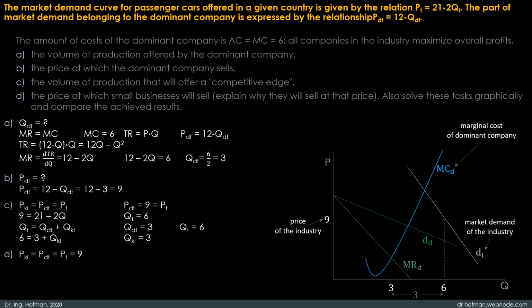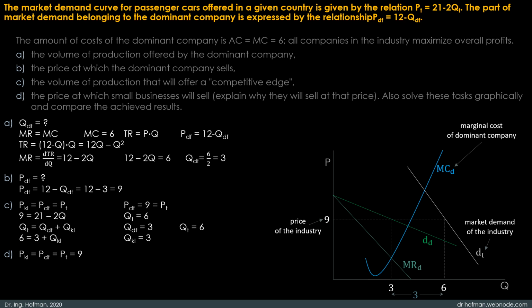We know that quantity on the market is the sum of quantity given by the dominant company, QDF, plus quantity on the competitive edge, QKL.